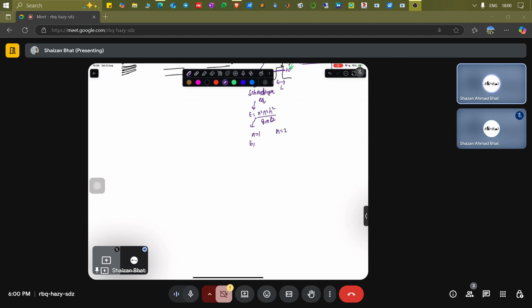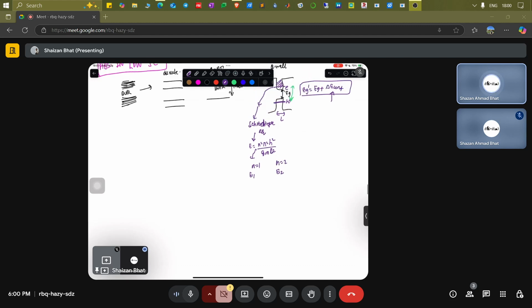You put n equals 2, you get E2, so on and so forth. And once you draw E1, you see that E1 is above the intrinsic conduction band edge. That means it lies somewhere here. And similarly for the holes, it lies somewhere here, not exactly at the bottom. So it has various implications. Okay. So that is basically the concept of it.